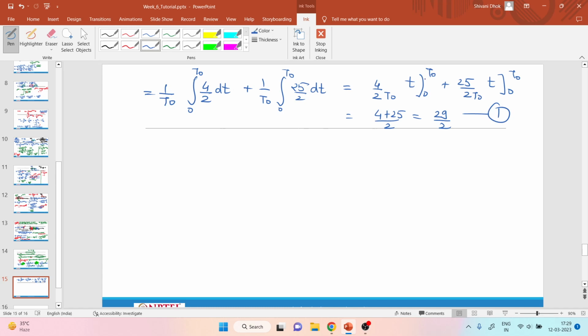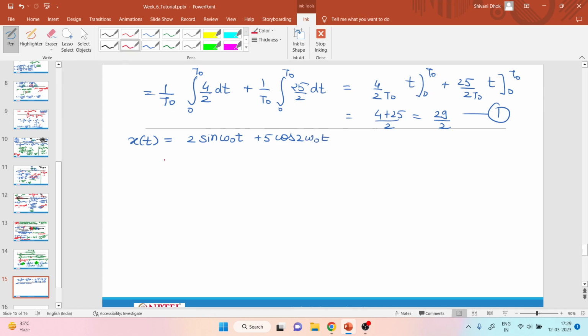Now let us try to see whether that property holds or not. So the signal that we have is x(t) is equal to 2 times sine omega naught t plus 5 times cos of 2 omega naught t.